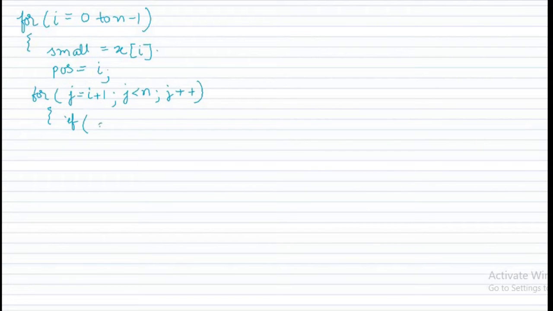If any x[j] is less than small, then we have to change the value of small, because small must contain the smallest element of the list. And now the position should indicate the index of the smallest element, that is j now. So like this it is changed.